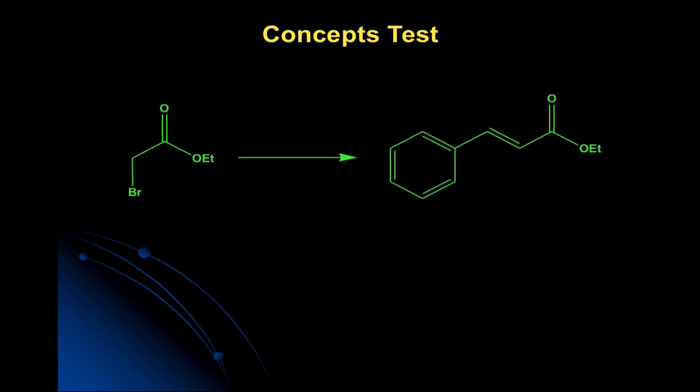I need a Wittig reagent. And I also need a what? What's the other reacting partner going to be? Actually, if I have a Wittig reagent itself, I don't need a base. I've already got the Wittig reagent.